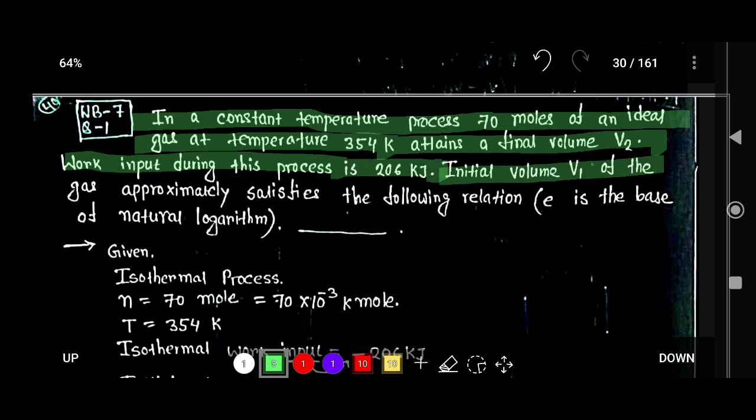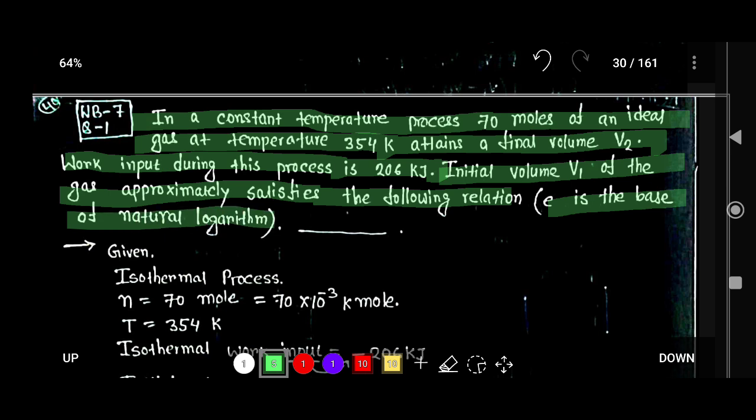Initial volume V1 of the gas approximately satisfies the following relation, where e is the base of the natural logarithm. So basically you have to find out the relation between V1 and V2.